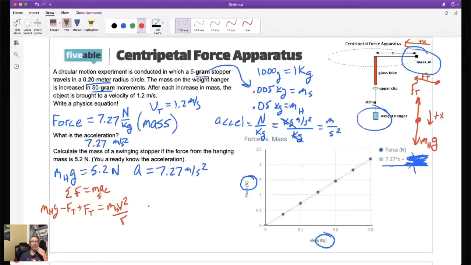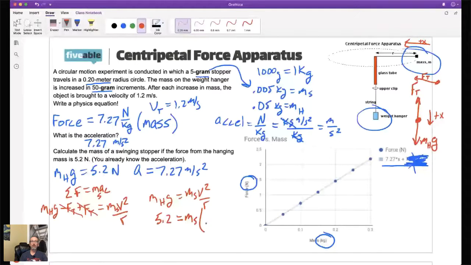From here, we can just cross off the F_Ts. Now we know that m_h g is equal to the mass of the stopper times v squared over r, which is our acceleration. So at this point, we can just say, well, m_h g I know is 5.2 newtons. That's equal to the mass of the stopper times the acceleration.